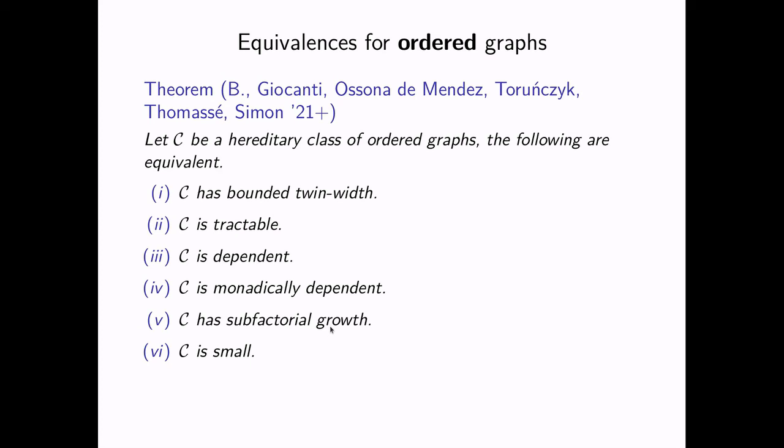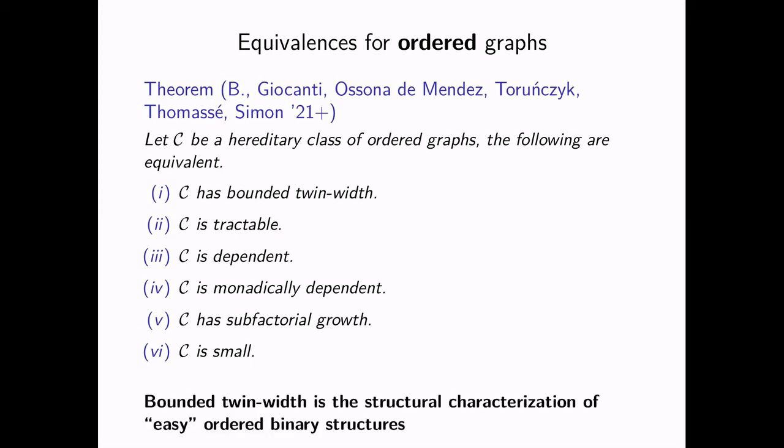So it's all in one. It's saying a lot of things. So that twin-width is capturing the tractability of those classes. That dependent and monadically dependent coincide, which is not known for unordered graphs.